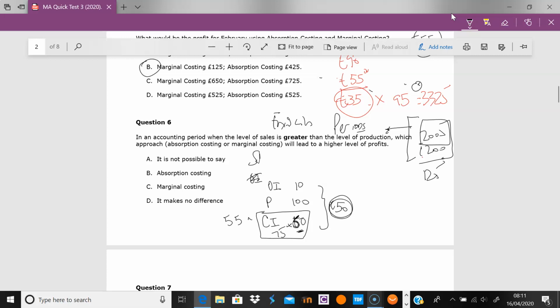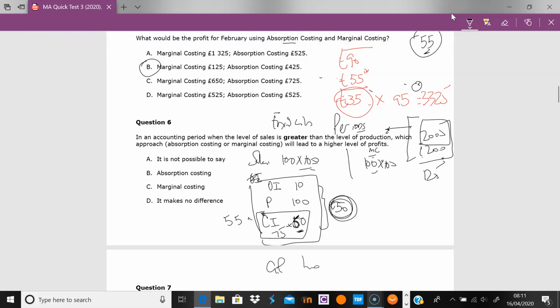If you sold, say, 100 times 100, it's the same for the marginal costing method. They both have the same sales, but your cost of sales is less with absorption costing because your closing inventory is higher. As a result, your gross profit is higher.